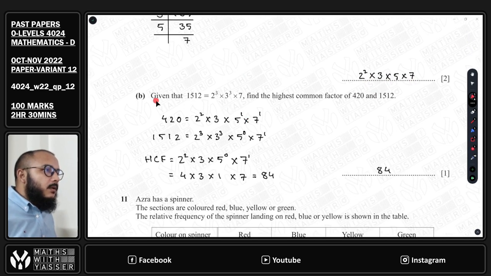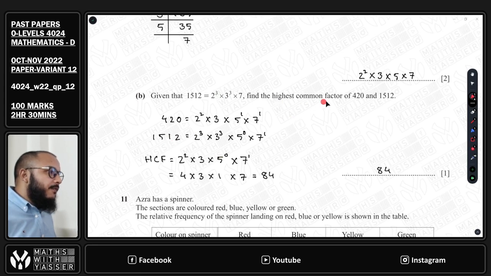Then we have given that 1512 is equal to 2 cube, 3 cube times 7. Find the highest common factor, or the HCF, of 420 and 1512. So we have already managed to find the prime factors for the number 420, which was this, and we are provided with the prime factors for 1512.